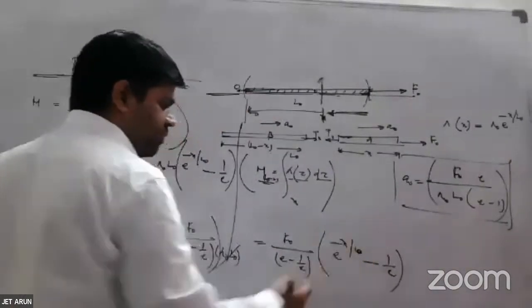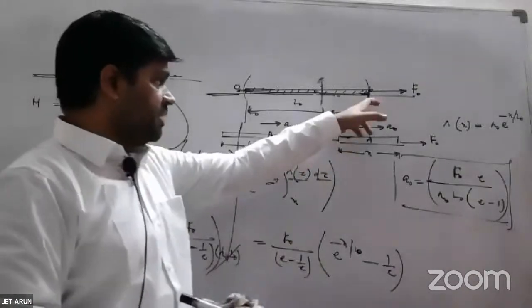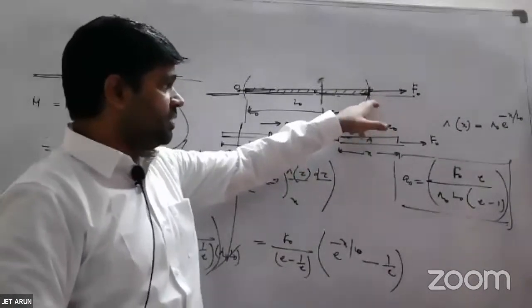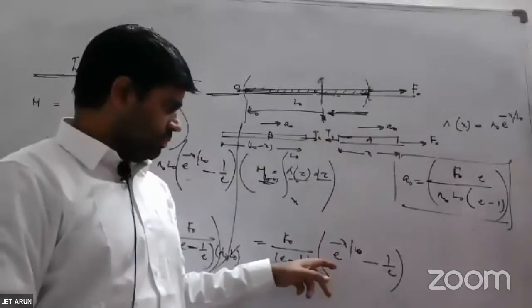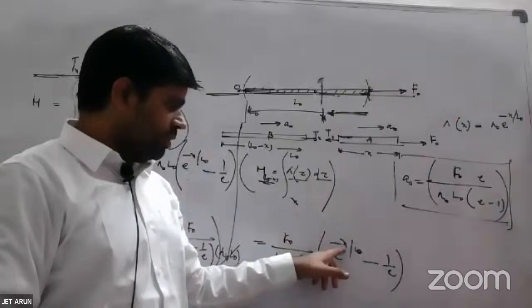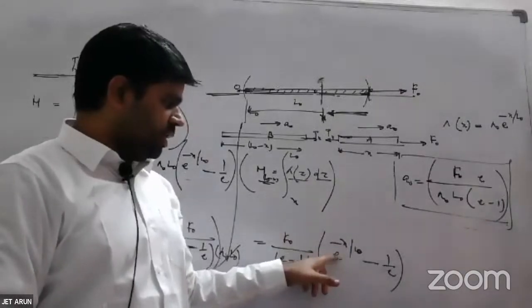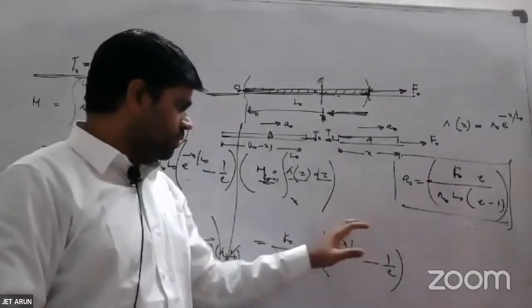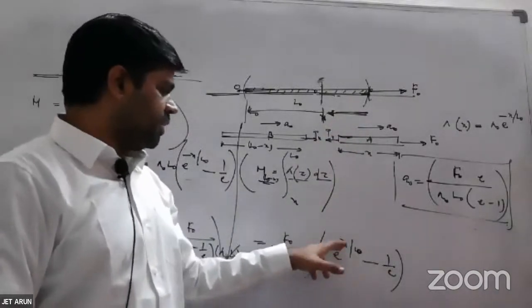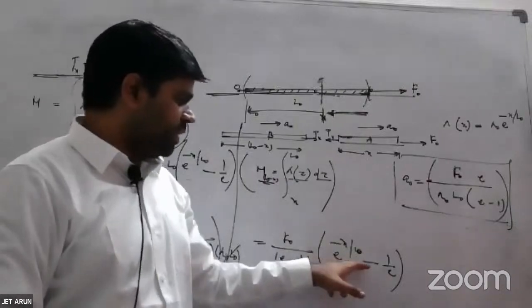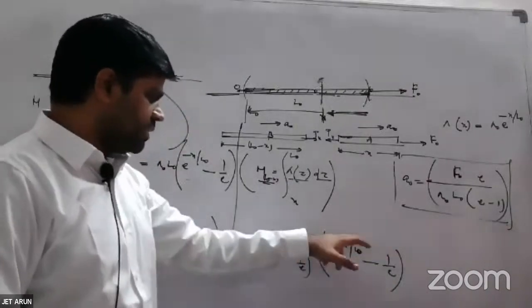So I substitute x is equal to 0. That means at this end, common sense says the tension is going to be F naught. Let's see if my equation also tells the same thing. x is equal to 0 gives e power 0, so e minus 1 by e over e minus 1 by e. This gets cancelled out.